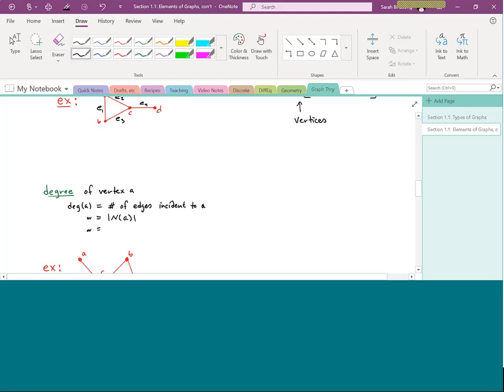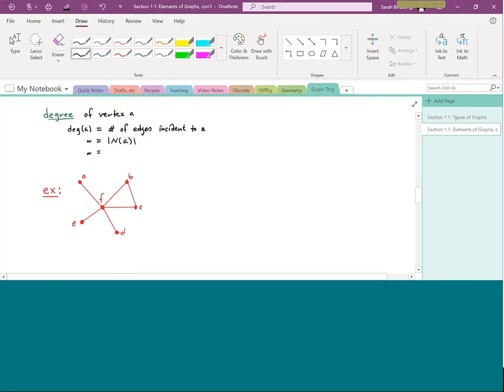Okay. So let's look at an example first. If we wanted to look at the degree of some of these vertices, say we look at the vertex here, and the degree of said vertex here. Some people prefer 2 columns like this, and some people prefer 2 rows. It doesn't matter.